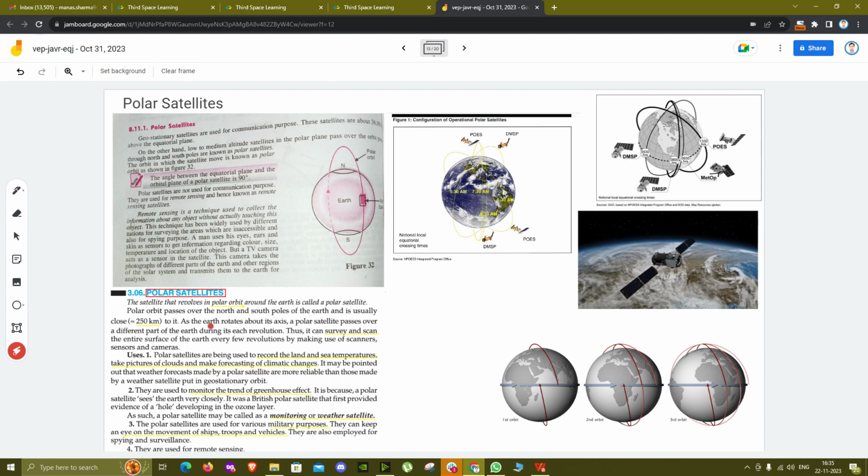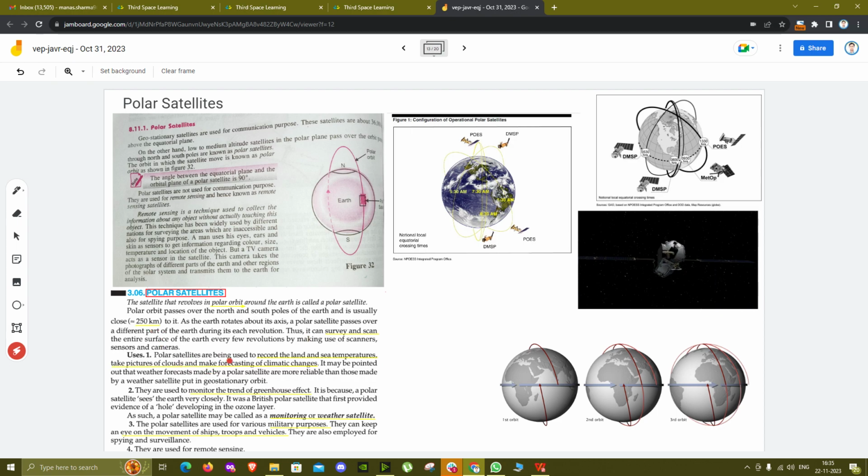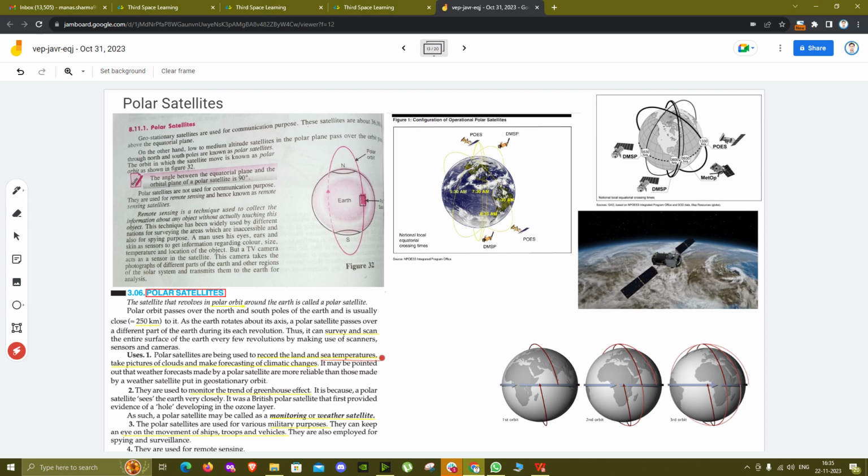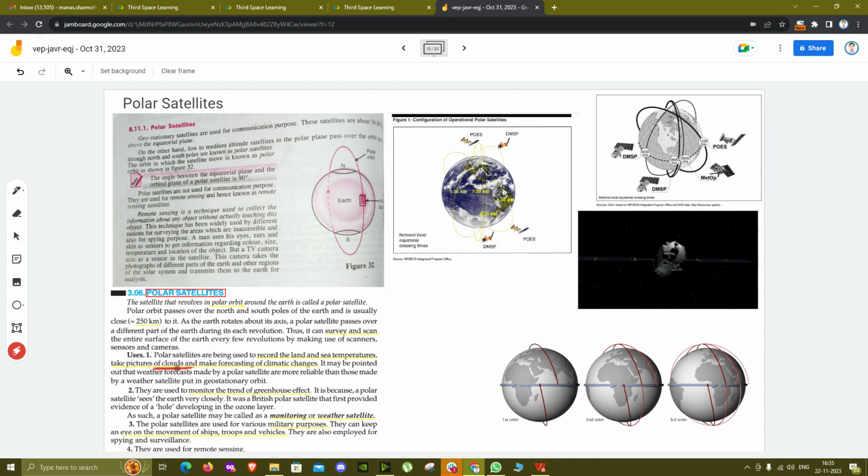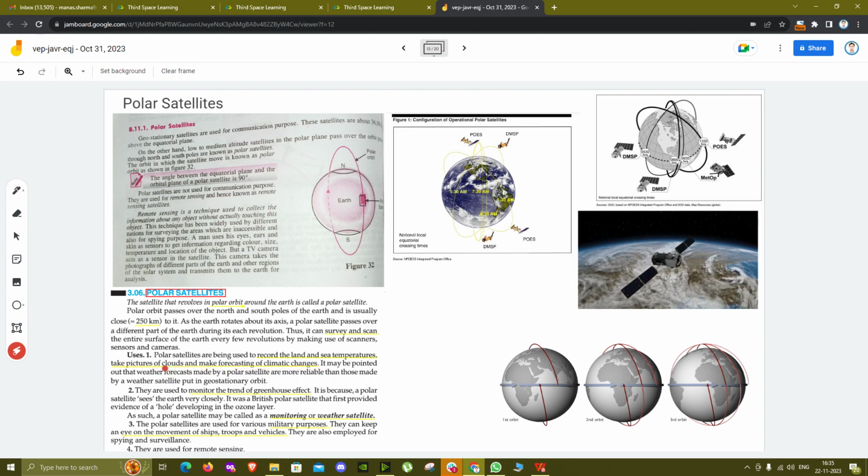So let's understand the uses of polar satellites. Polar satellites are used to record land and sea temperatures, take pictures of clouds, and make forecasts for climate change. It's an important point here.